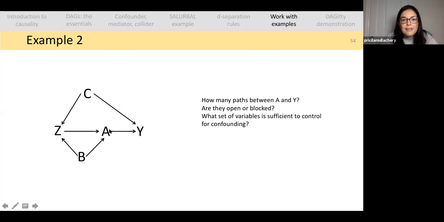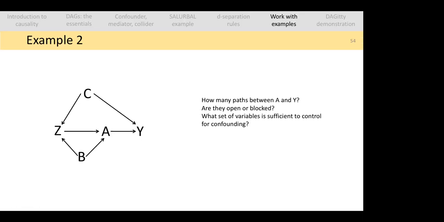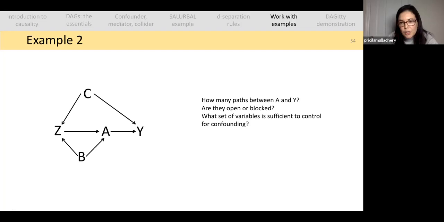Is this a path? Do you think this is a path? Y, A, C, Z, A? Not for this particular example that we're talking about, because we want to know the effect of A on Y. I was trying to make the case that a path cannot go over a variable twice, right?